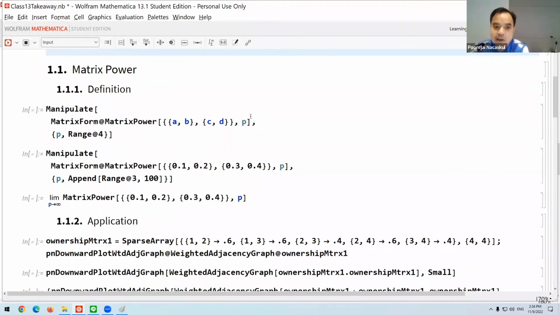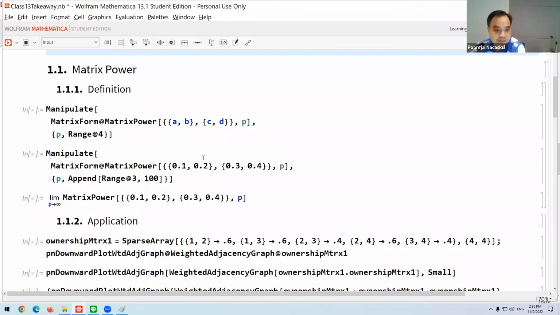Right. Okay. First of all, there's this thing called matrix power. Well, matrix power is nothing more than the power of a matrix. So A to the power 3 is A times A times A. If the matrix is square, you can keep multiplying it by itself 3 times, right? So that's what it means. Okay.